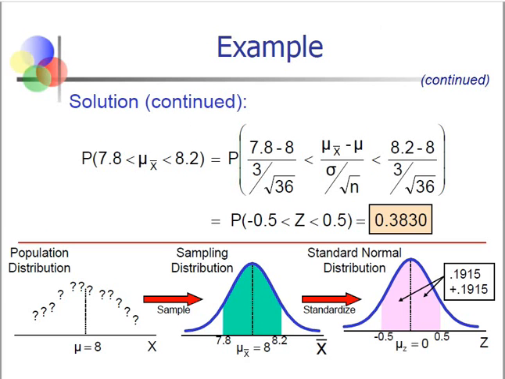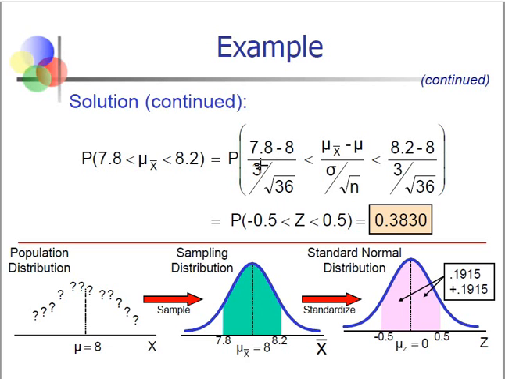So we now go ahead to find the z value for 7.8 and the z value for 8.2. To find the z value, we just get the sample mean minus mu, and we divide by the standard error.